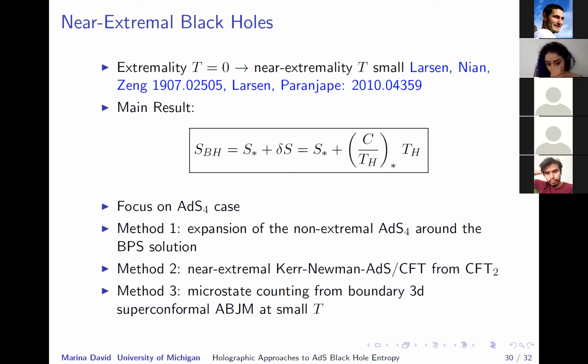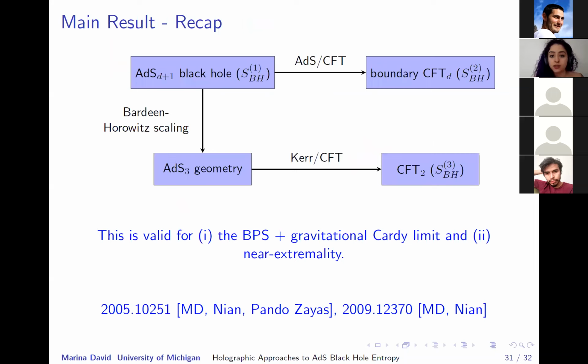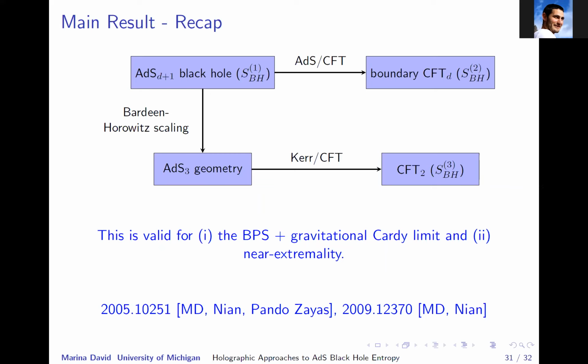And the third method is to look at the boundary field theory, which in this case is ABJM, and at small temperature look at the microstate counting and see if we can reproduce the entropy. And this works. To spare you some of the details, we still find that this diagram is consistent, for both near-extremality, BPS, and the Cardy-like limits.